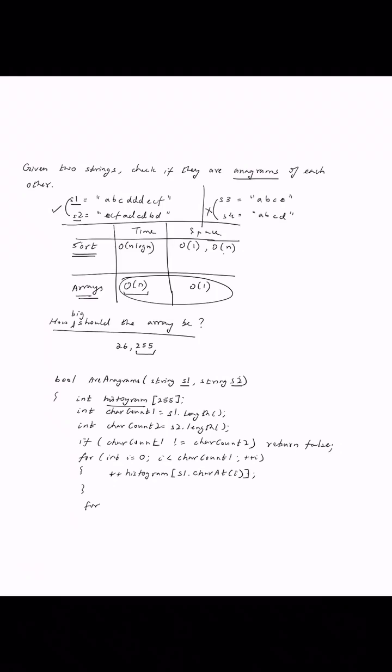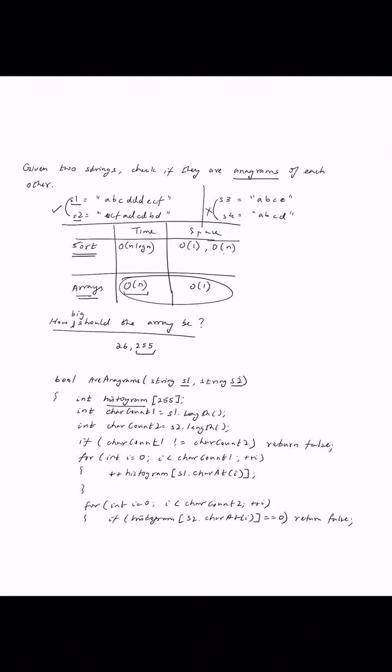The way I would do that is, again, have another for loop for int i equals 0, i less than charCount2, or it can be just charCount1, plus i. I'm going to do an if check here. If histogram of s2.charAt(i) is equal to 0, I'm going to return false.